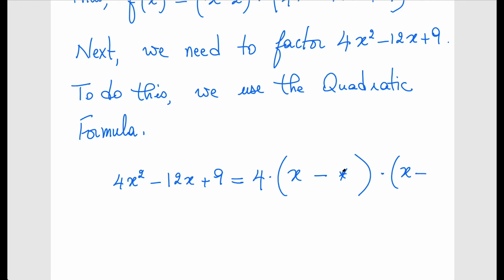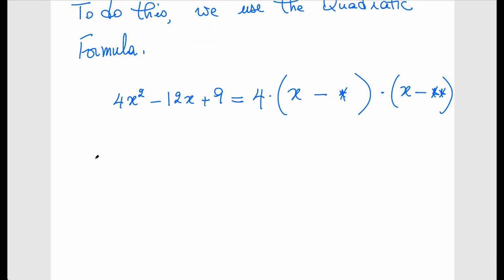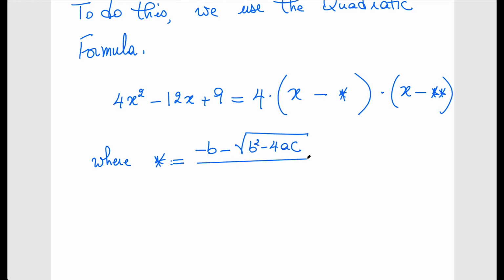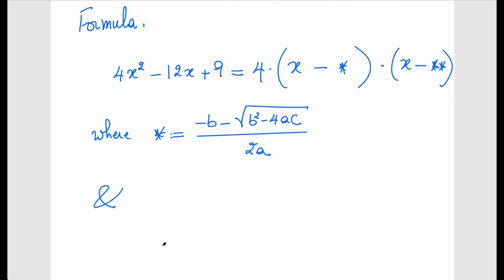Let's call this one asterisk and this one double asterisk, where asterisk is equal to minus b minus the square root of b squared minus 4ac, divided by twice a, and double asterisk is equal to the same, but plus the square root of b squared minus 4ac, divided by 2a.